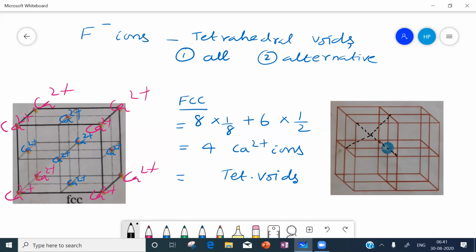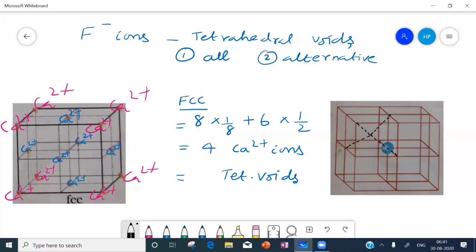Later we will say whether F minus occupies all the tetrahedral voids or alternative tetrahedral voids. That we will talk later. Now, how many tetrahedral voids are possible?